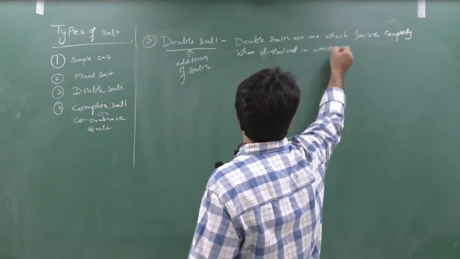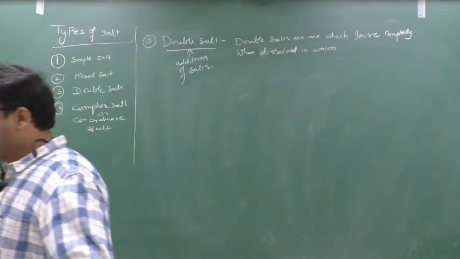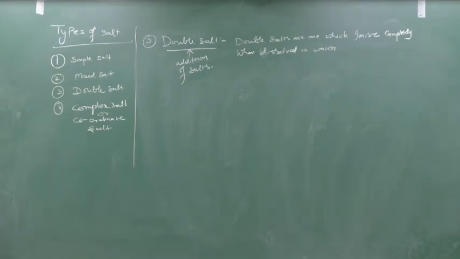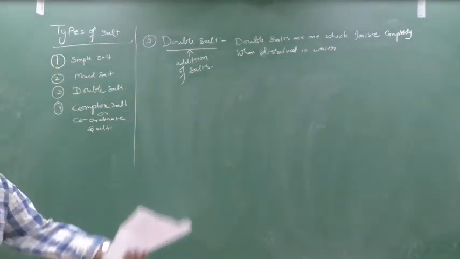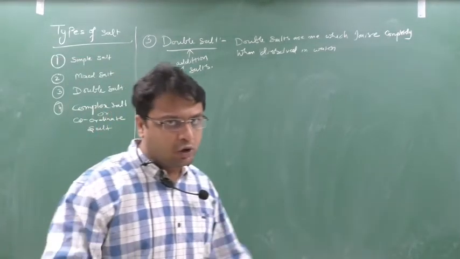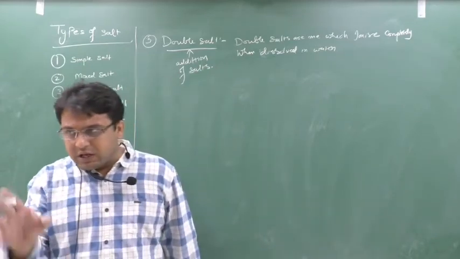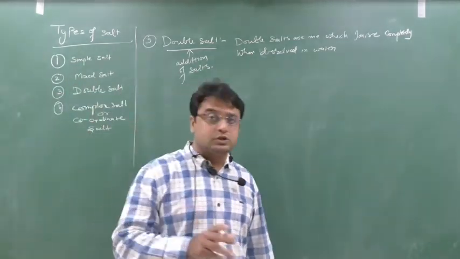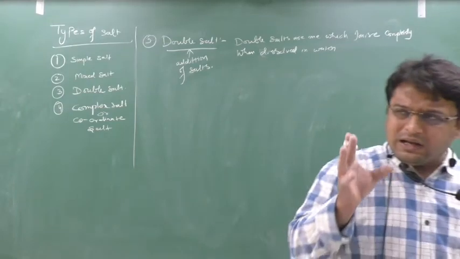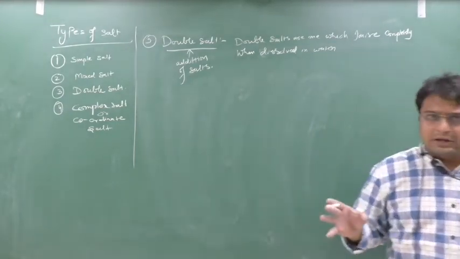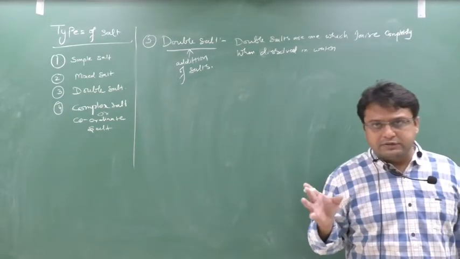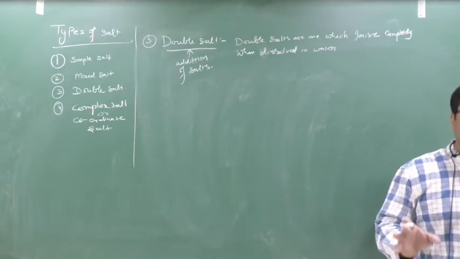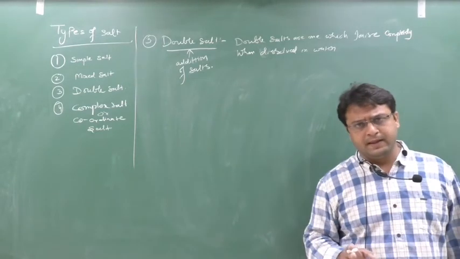They will ask this definition for the double salt. They will not ask what do you mean by double salt. Don't write down that two or more salts combine together to form a double salt. For understanding it's okay, but actually the logic behind the double salt is that when you dissolve the double salt in the water, it will ionize completely.